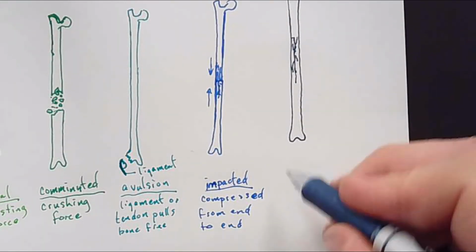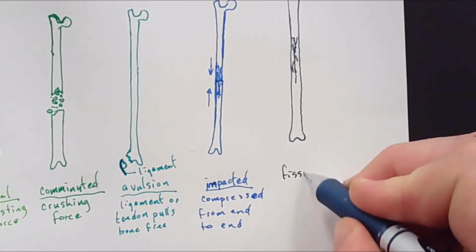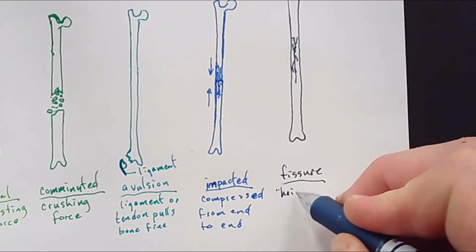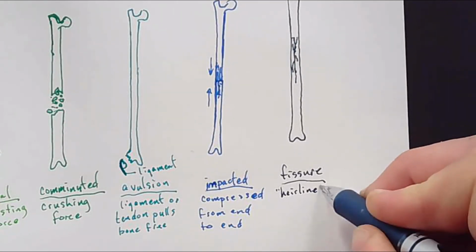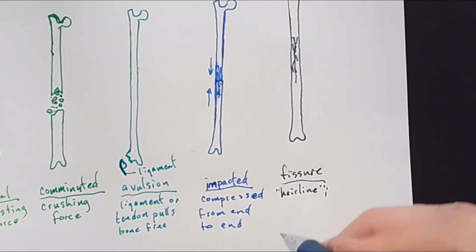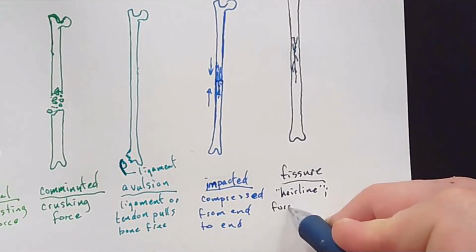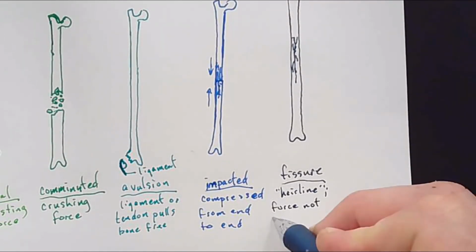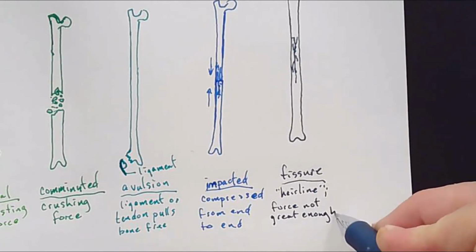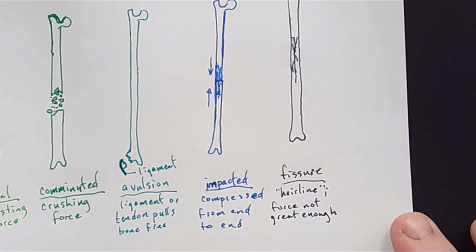It's called a fissure. Some people call it a hairline. I'll write hair over here. But it's more appropriately called a fissure. So this is where the force is not great enough to break the bone all the way.